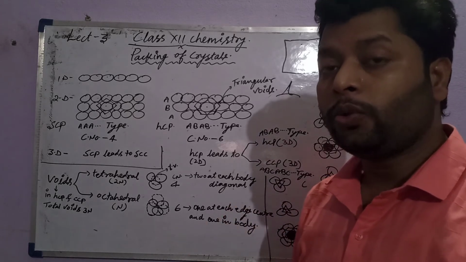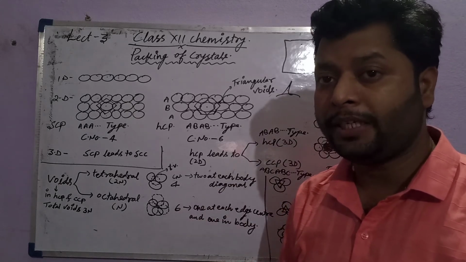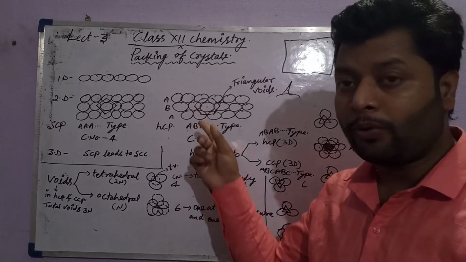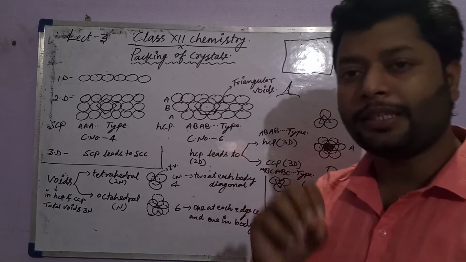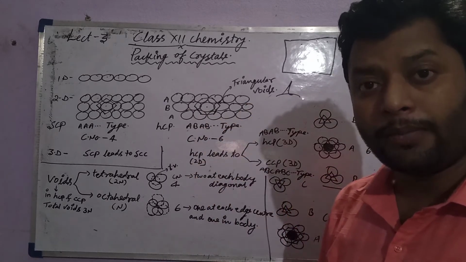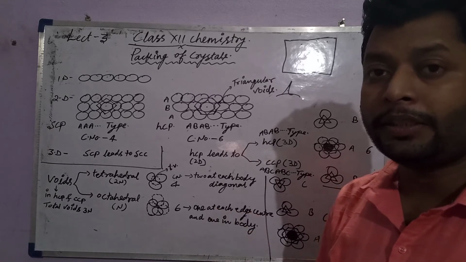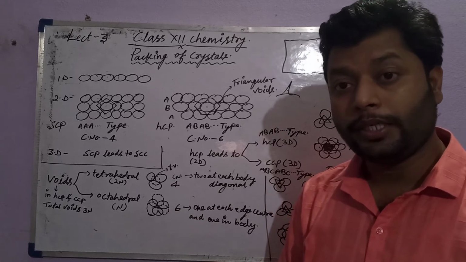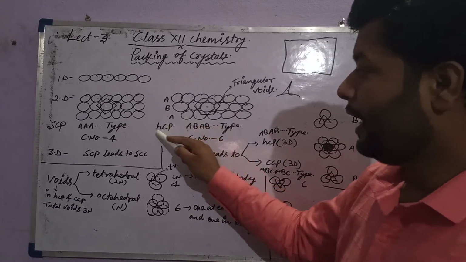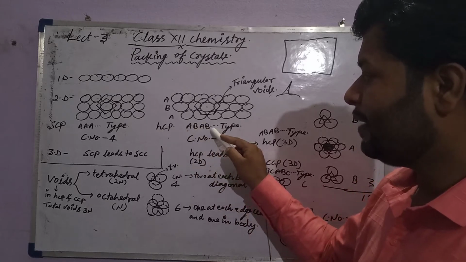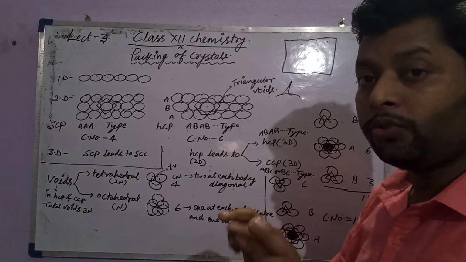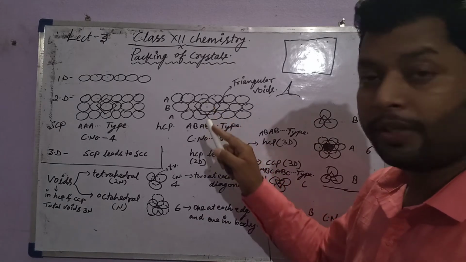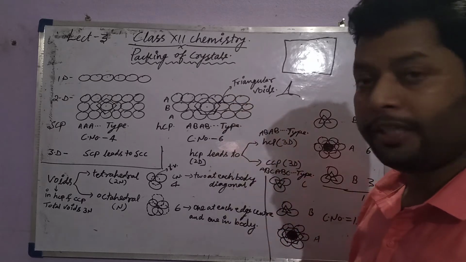It is very important to learn the different parameters and features of the packing: how the alignments are, which type of rows are generated, what the coordination number is, which type of voids are formed. All of this is information about packing. You have to learn it and note it down in your notebook also. In hexagonal close packing, there is ABAB type, meaning only 2 different rows, a coordination number of 6, and triangular voids are generated.